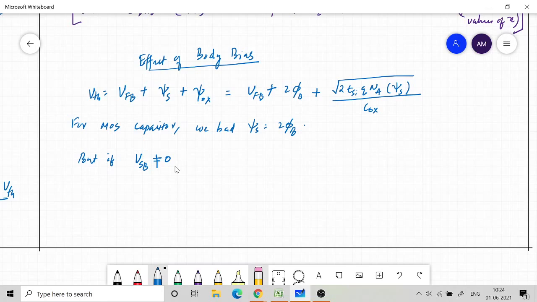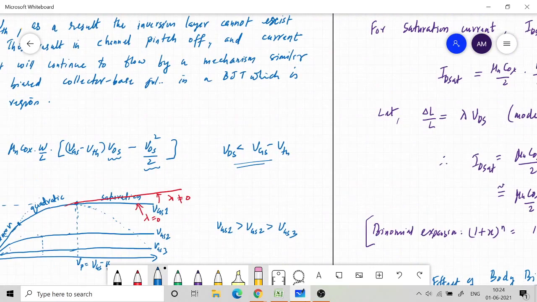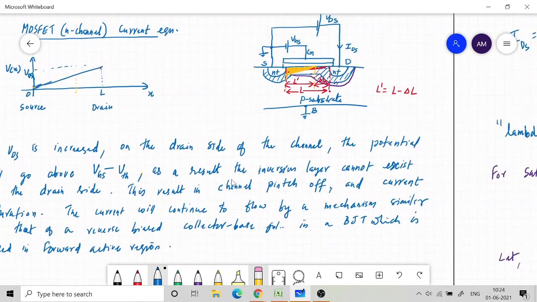There will be some changes to it. If the bulk is going to be applied a negative potential, go back to the schematic diagram and you can see one thing. Here the source is applied to ground. In a MOSFET, source is always at ground, or source is always the reference with which other potentials are measured.